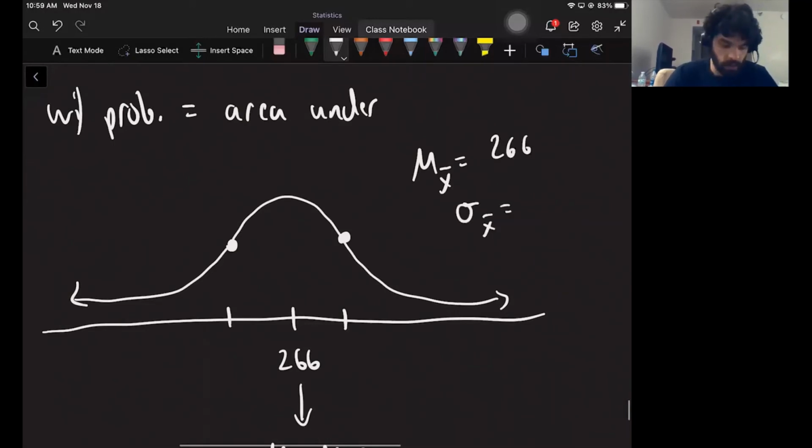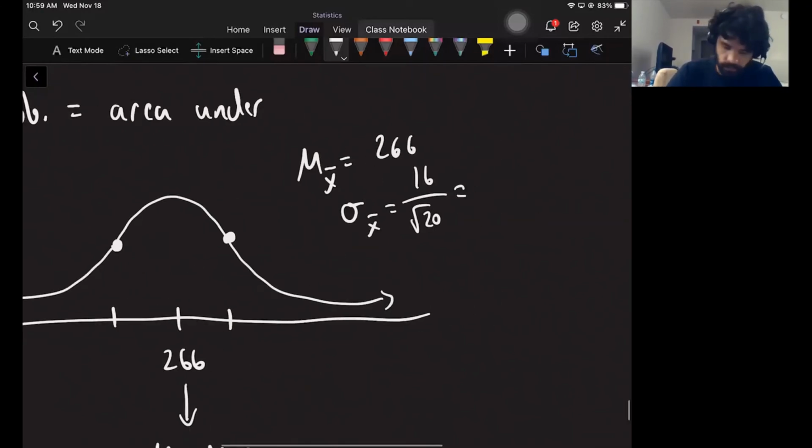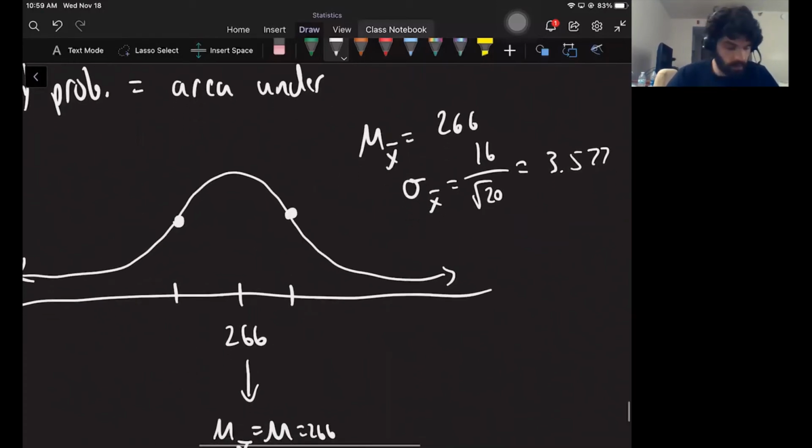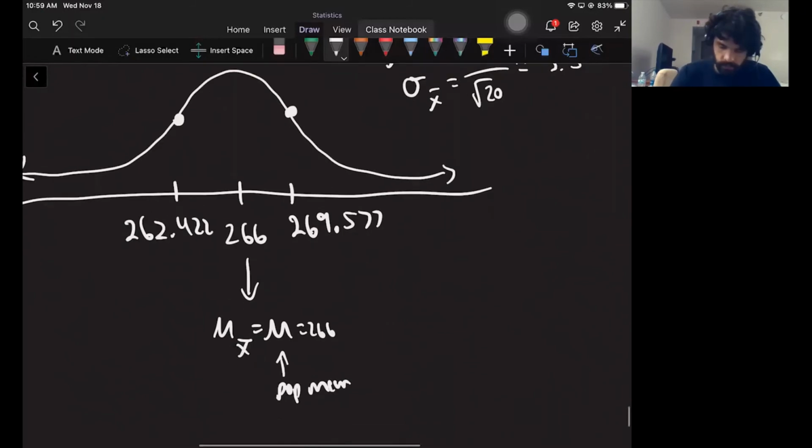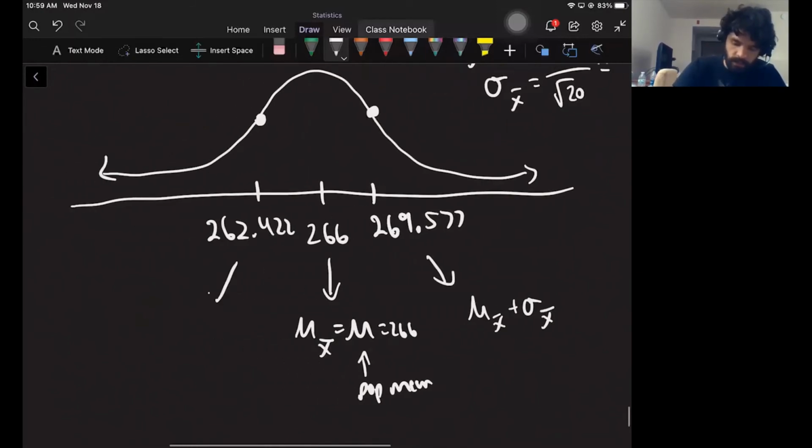The standard deviation is the original standard deviation, which is 16, over the square root of the sample size, which is 20. So it's around 3.577. So if I add that here, I get that. And if I subtract it on the other side, I get that. So this is really adding one standard deviation. This is really subtracting one standard deviation.